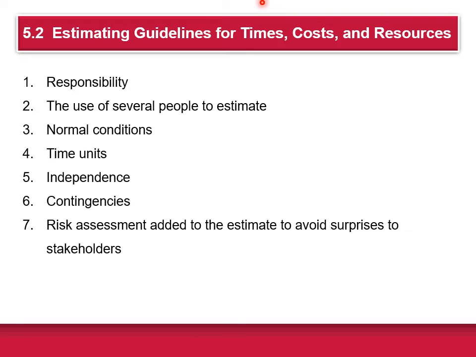For example, if the normal workday is 8 hours, the time estimate should be based on an 8-hour day. Similarly, if the normal workday is 2 shifts, the time estimate should be based on a 2-shift workday. So what that means, for normal conditions, is what your company's doing every day. That's what you want to use for the time, cost, and resource estimates.